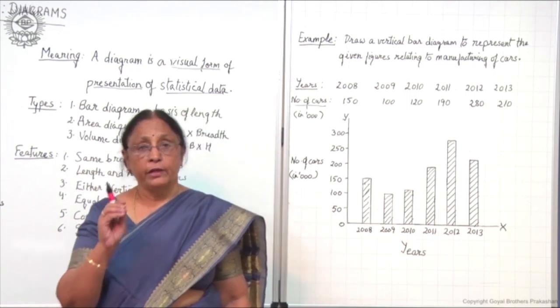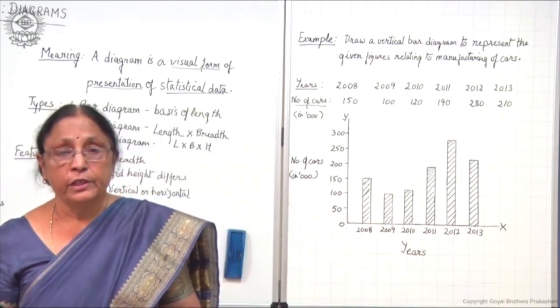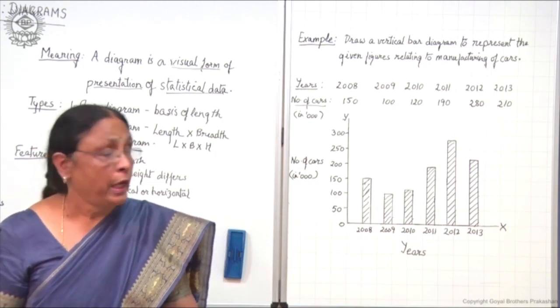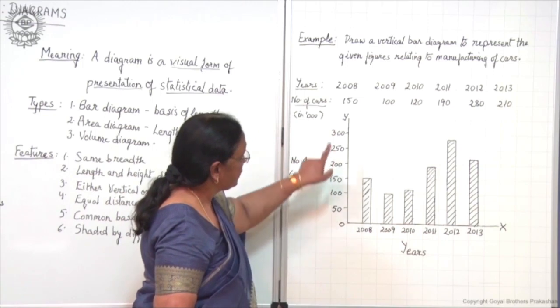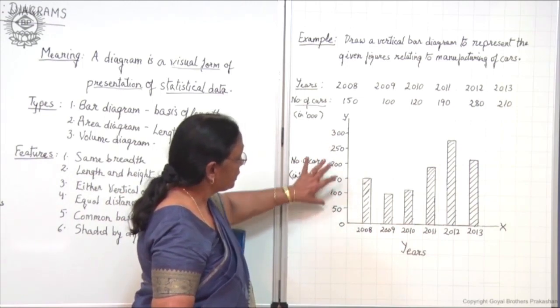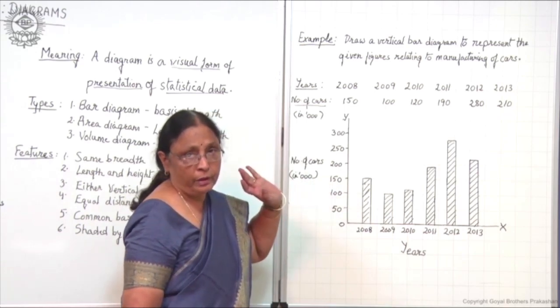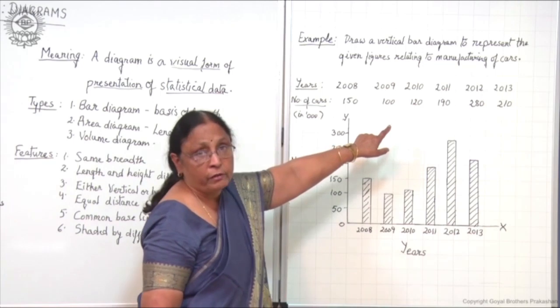For proper diagram there should be equal distribution starting from 0 and the interval will be the same in each case. Here as I have taken, this is 50, then 100, then 150, that means a gap of 50. You should not take uneven figures, otherwise it will be wrong.